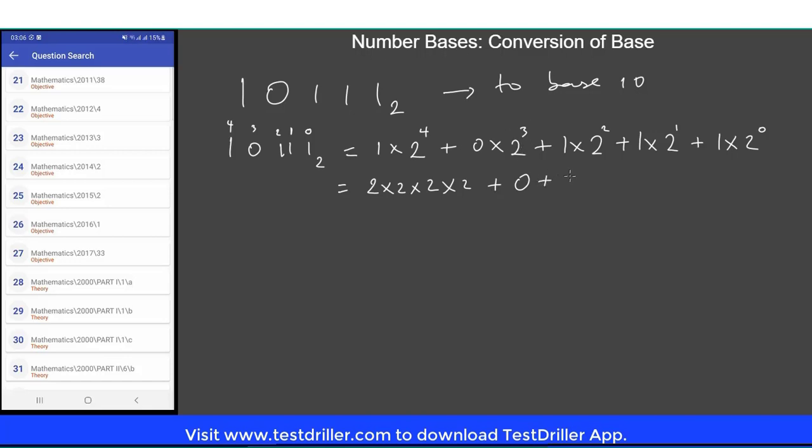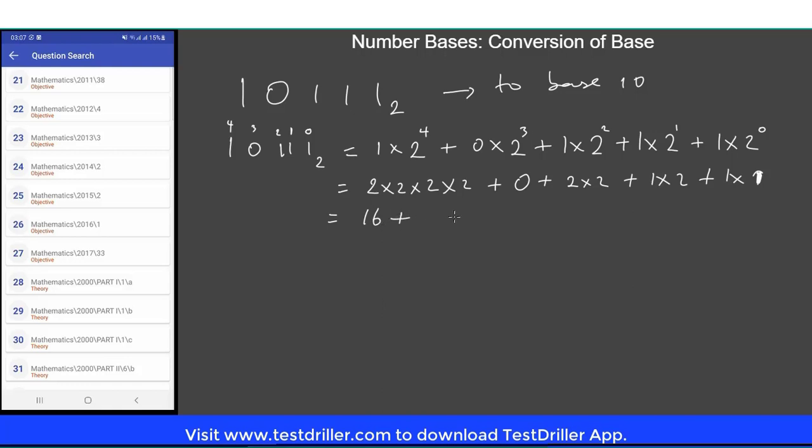Then plus 1 times 2 times 2, right? Then plus 1 times 2. Since you have raised to the power 1, it means just 1 times 2, right? Then plus 1 times 2 raised to the power of 0 will give us 1. So any non-zero number raised to the power of 0 will give you 1. So now we have 2 times 2 times 2 times 2. That will give you 16.